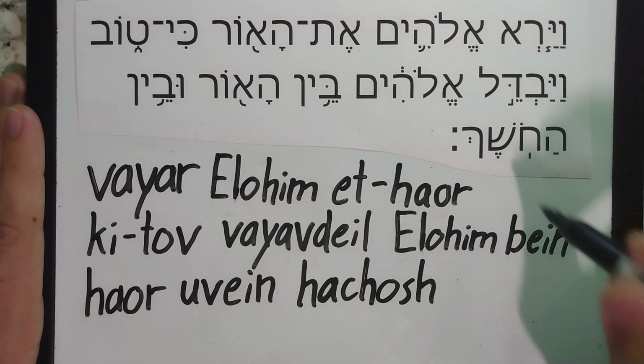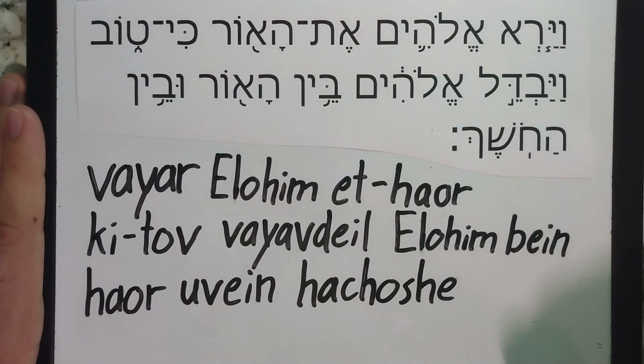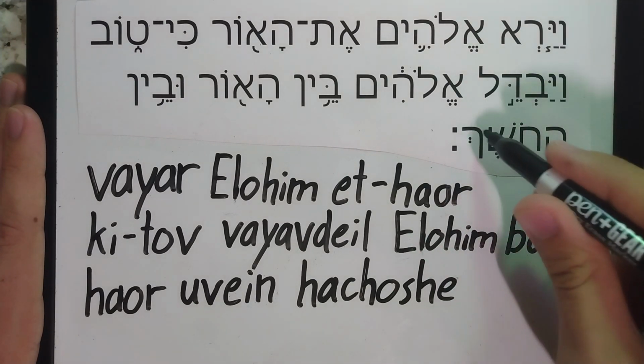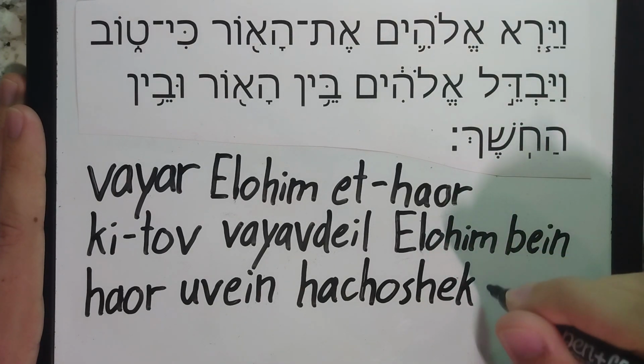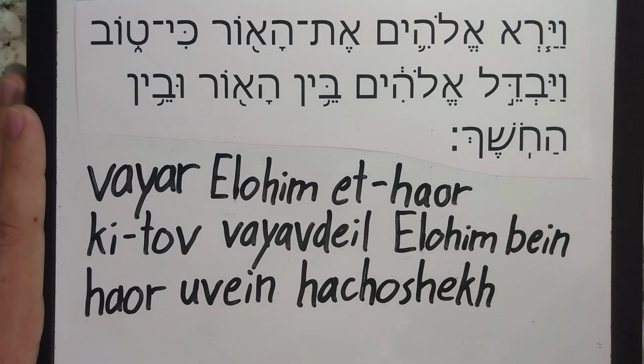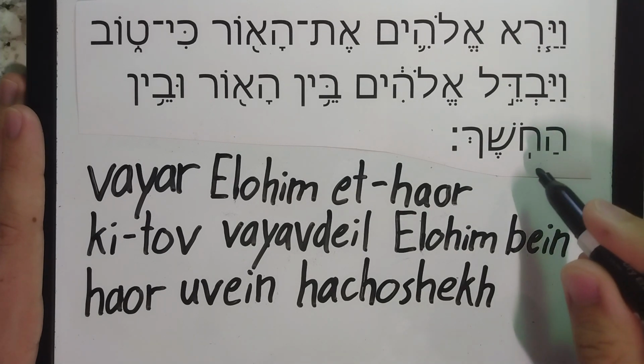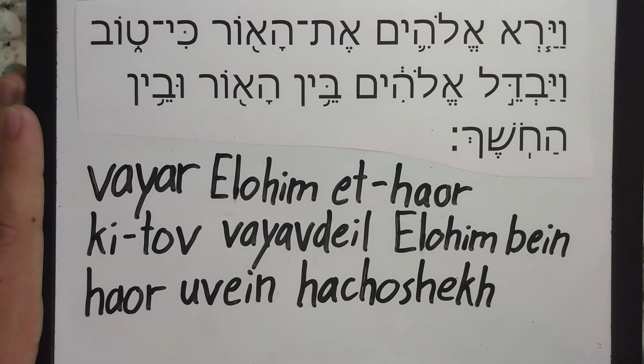Under the shin, we have a segol, which makes the e sound, and finally we have a final kaf without dagesh, which makes the guttural ch sound. In this final kaf, we have a shva, because a final kaf must always have some sort of pronunciation marker. The accent is on the syllable cho, and so this word is ha-choshek.